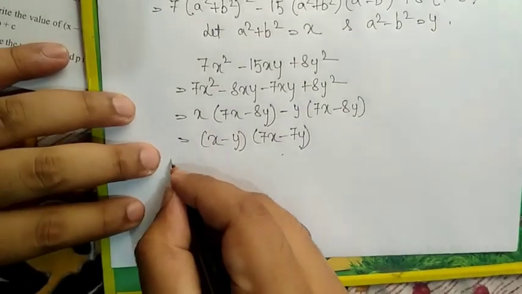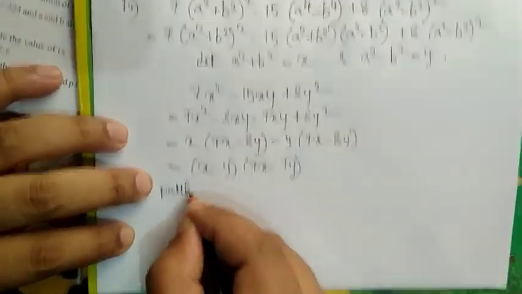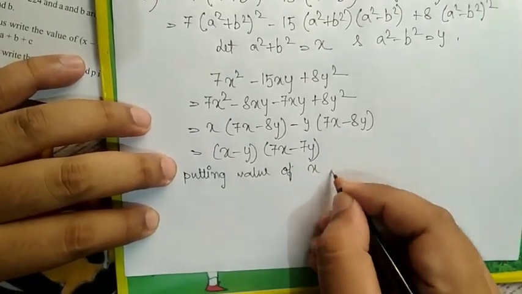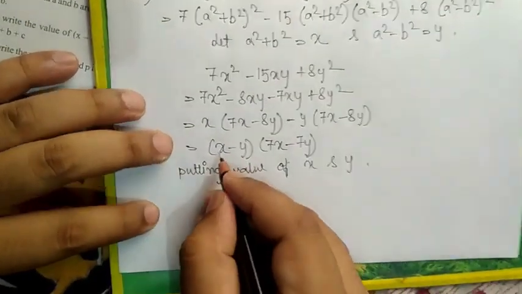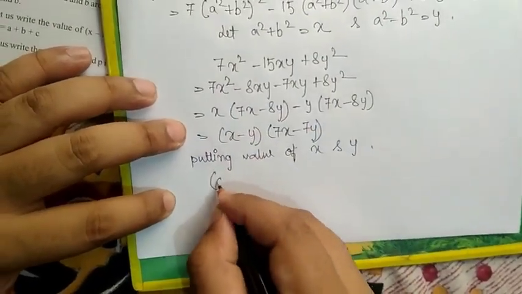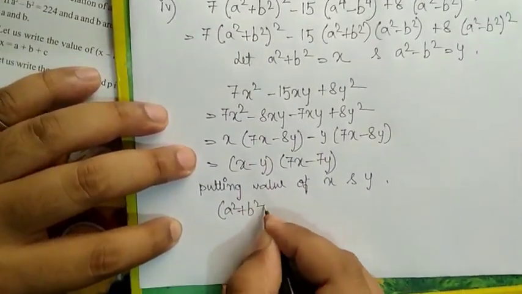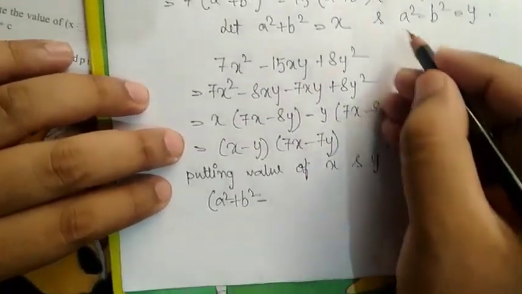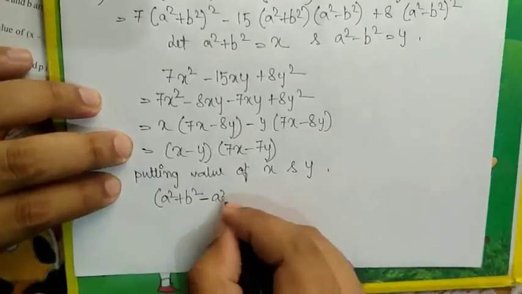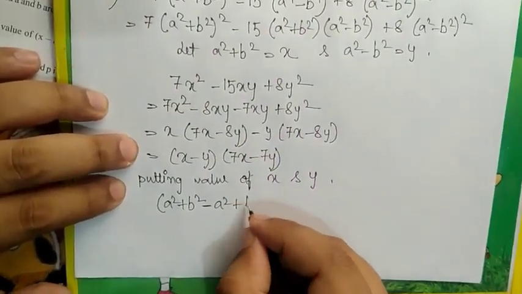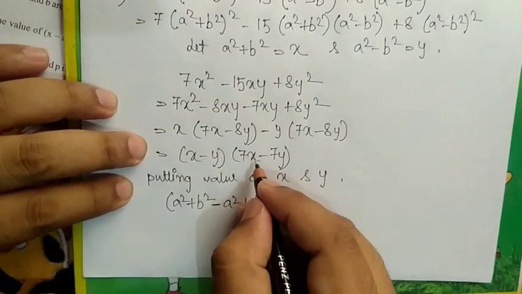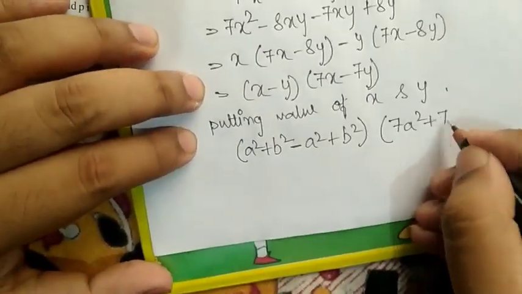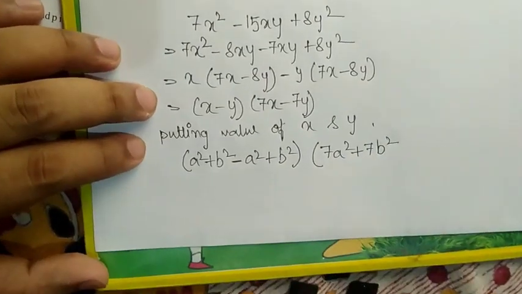After that, putting the value of x and y, we can get x is a square plus b square, so therefore a square plus b square minus y, means a square minus b square, so therefore minus a square and minus minus plus b square. After that 7x means 7 into a square plus 7 into b square.